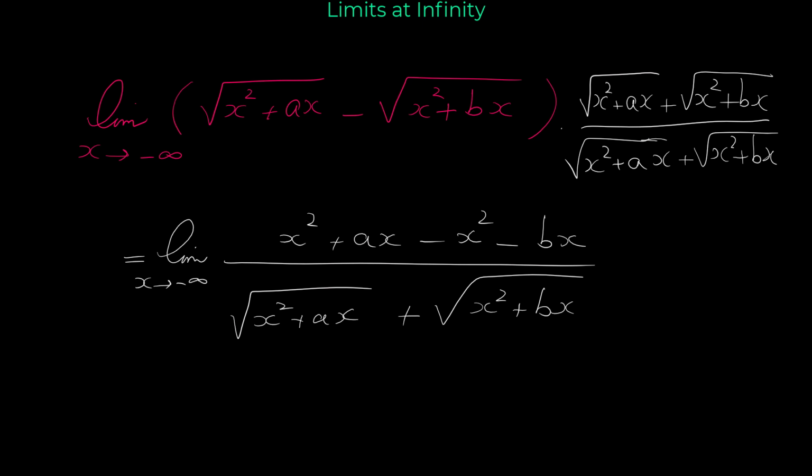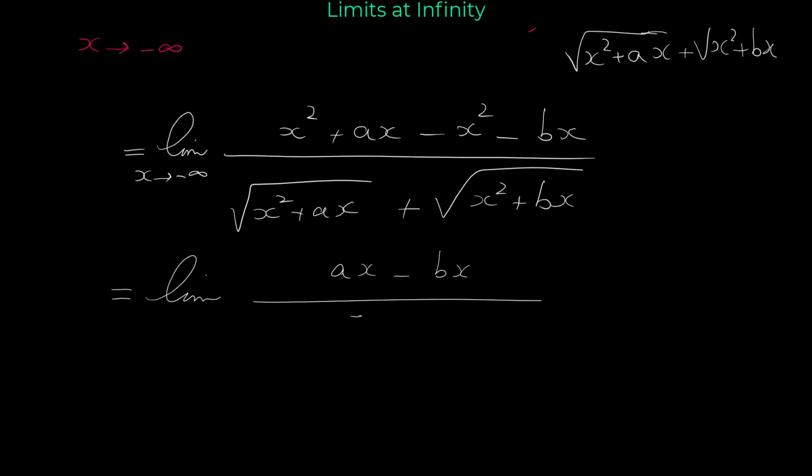Simplify the numerator. If you simplify the numerator, the numerator would be ax minus bx, and the denominator is radical x² + ax plus radical x² + bx as x approaches negative infinity.